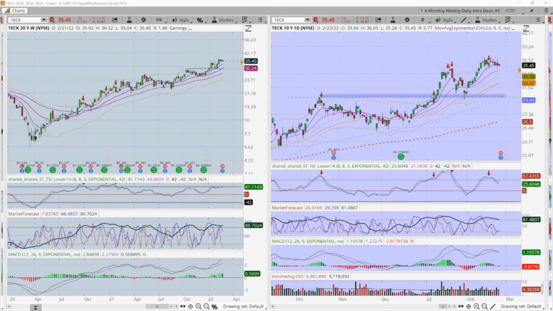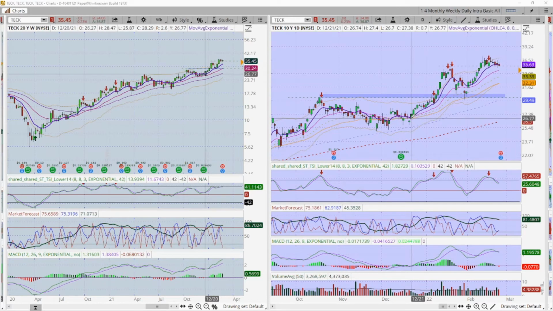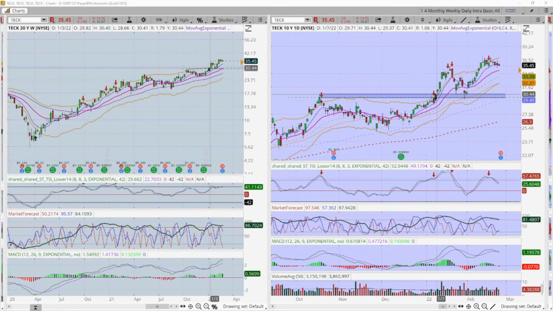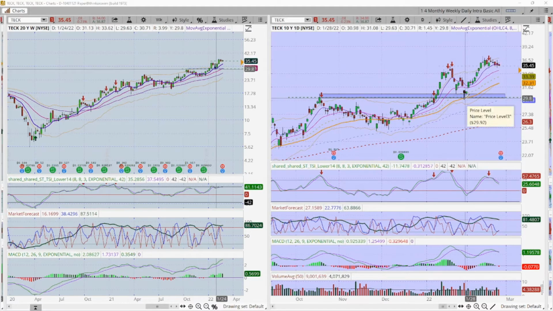Again, this is a selection off of our AutoPilot top 5 selection group that we put out every week to our premium members. We traded it from about 26.65 all the way up to these past highs, exited with some good profits, and then it came back to the breakout area.